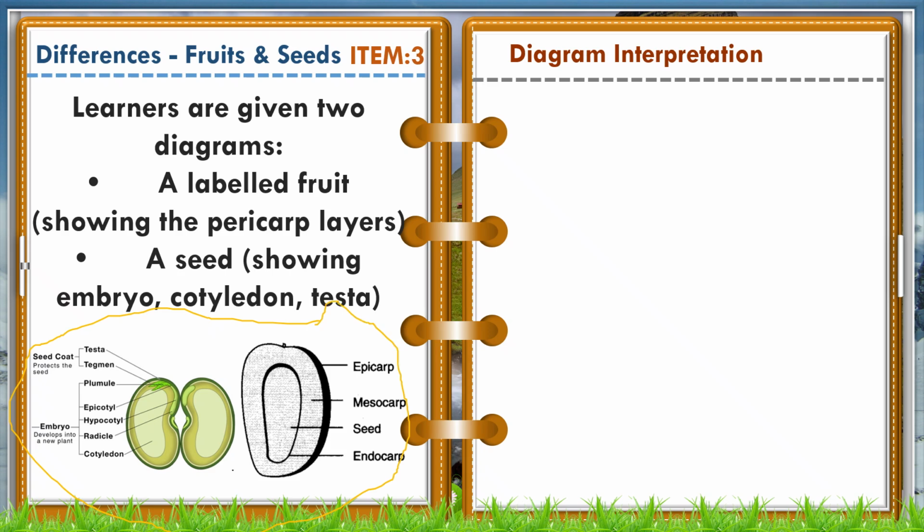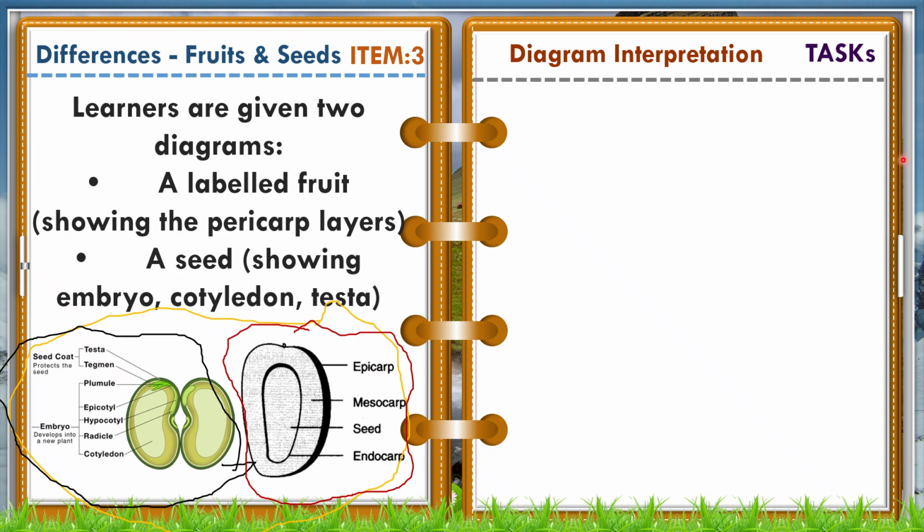We have the seed, and this one shows the embryo, it shows the testa, and it shows the cotyledon. Then this side we have a fruit. This fruit shows the pericarp layers made up of the epicarp, mesocarp, and endocarp.